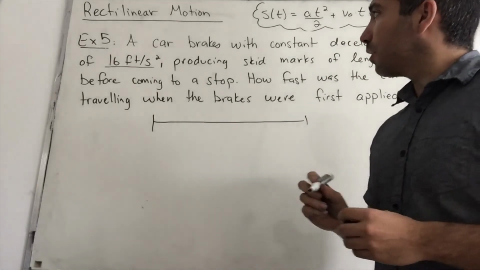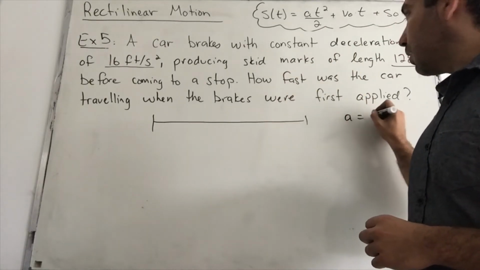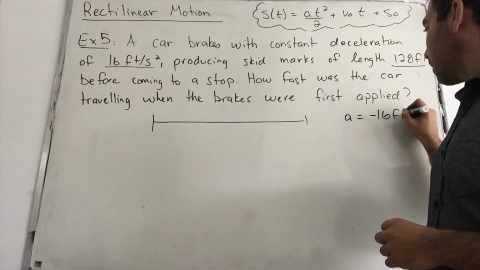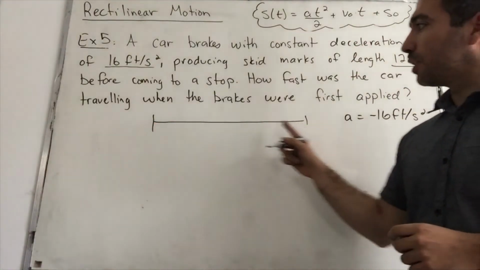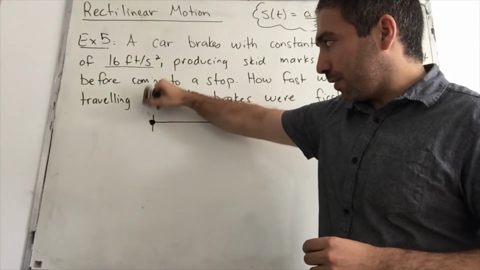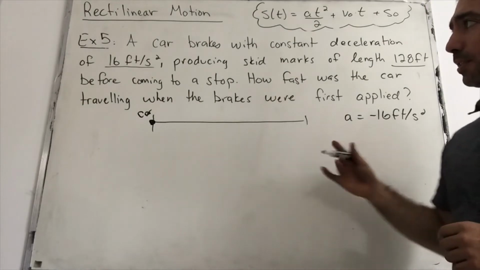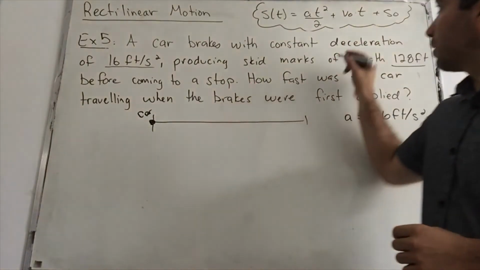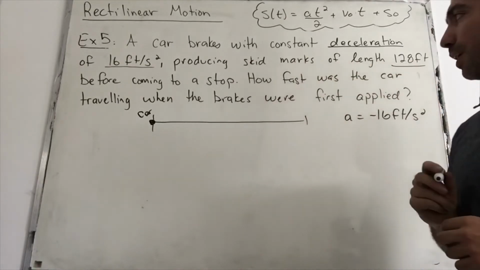So we have a car with constant deceleration. So the acceleration is negative 16 feet per second squared. Okay, so this is our car. Our car starts over here. It's negative because it's slowing down, it's decelerating. So that's another keyword you have to keep in mind. Producing skid marks of length 128 feet.